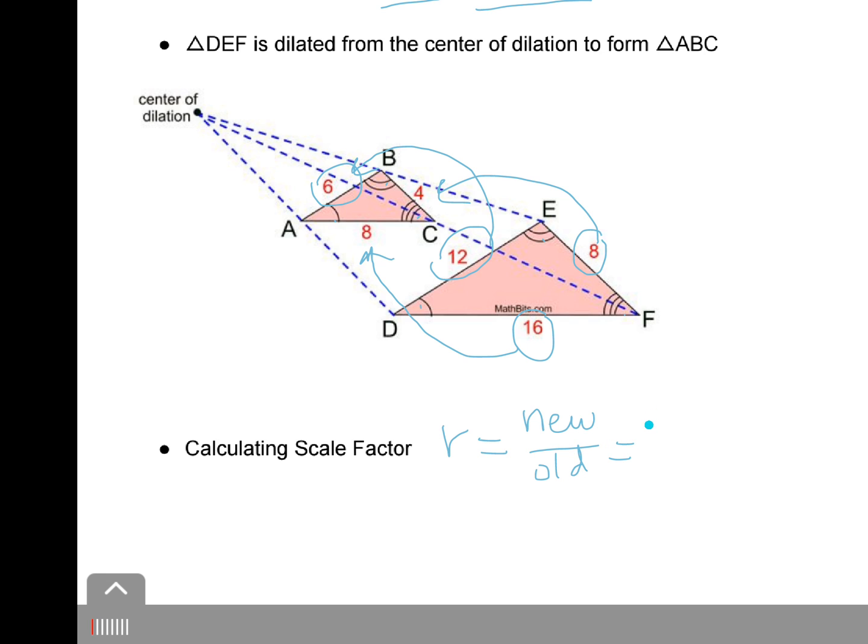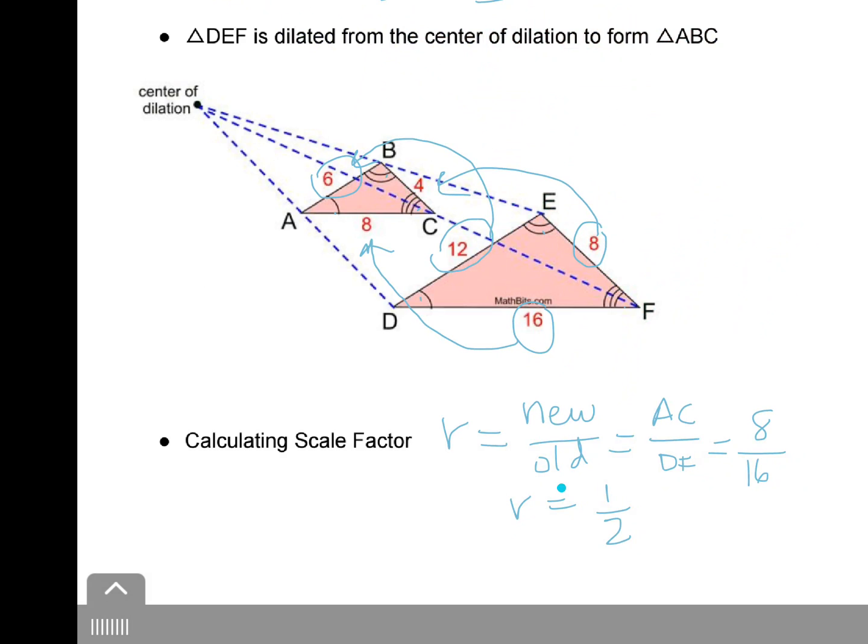If we took AC and divided it by its corresponding distance, DF, then you would have 8/16. So then we would know that the scale factor here is 1/2. So that's a quick little recap on scale factor and dilations and what similarity is. Let's go on to the next page here.